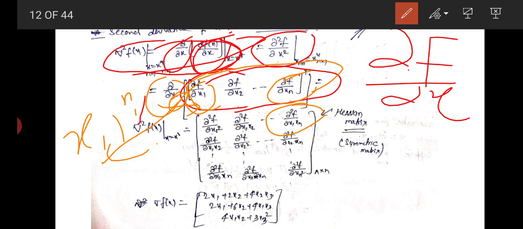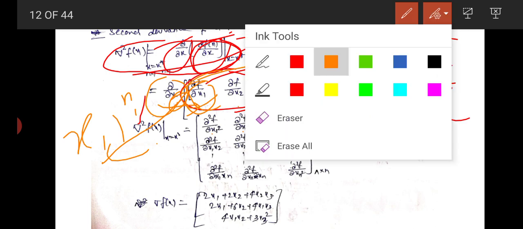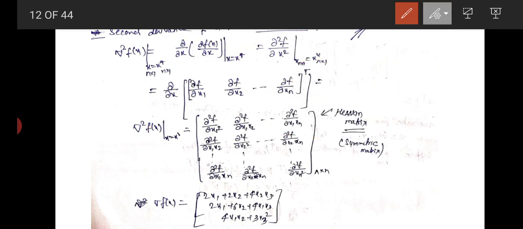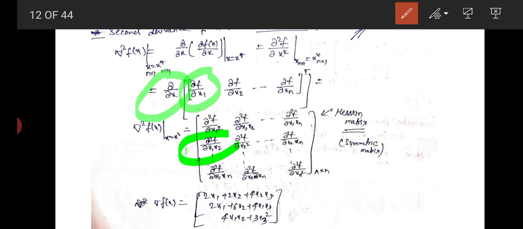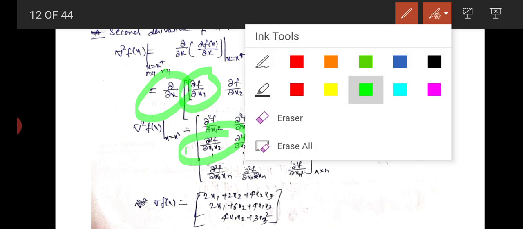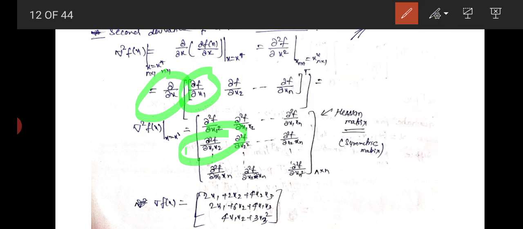In a similar way, when the same function ∂f/∂x2 is differentiated with respect to x1, it comes to ∂²f/∂x1∂x2, and with respect to x2 it becomes ∂²f/∂x2², and so on.